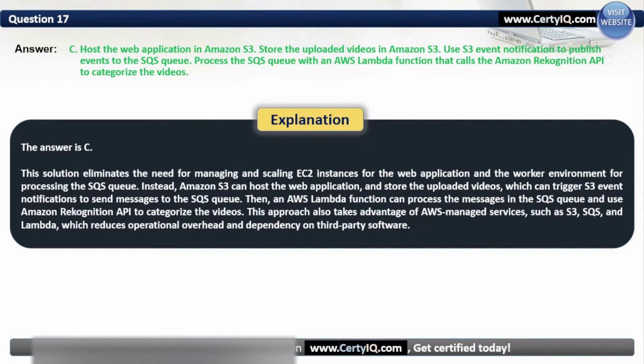Then an AWS Lambda function can process the message in the SQS queue and use the Amazon Rekognition API to categorize the videos. This approach also takes advantage of AWS managed services such as S3, SQS, and Lambda, which reduces operational overhead and dependency on third-party software.